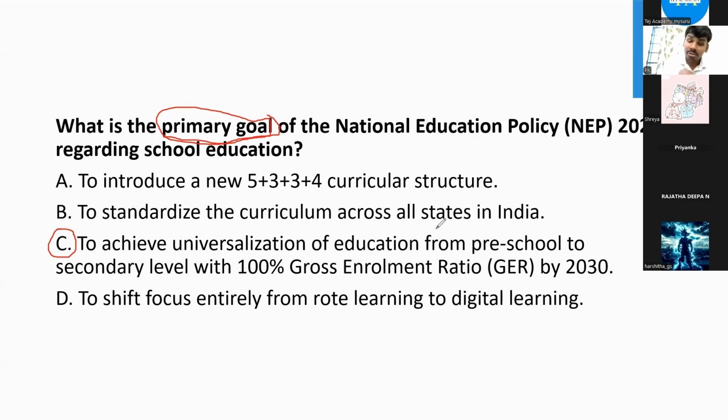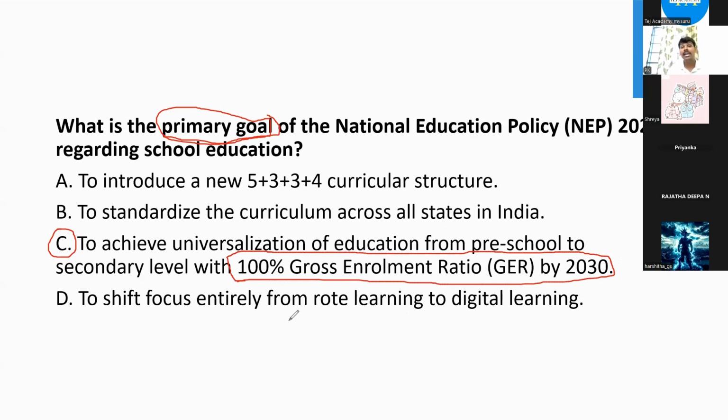The introduction of 5 plus 3 plus 3 plus 4 is also a part of that goal, right? It is a part. But the primary goal that NEP 2020 wants to achieve is 100% gross enrollment ratio by 2030. This is very, very important, which all of you should remember.